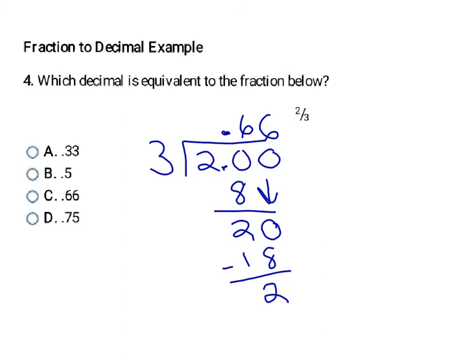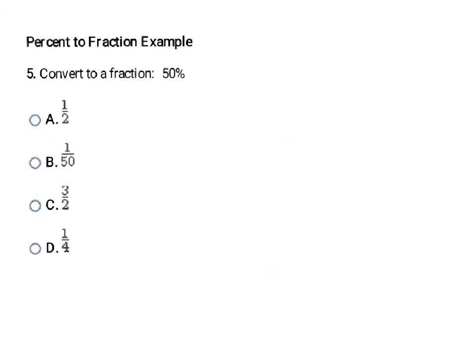And so I can see that there's a pattern occurring. So that probably means that I'm going to have 6s continuing on and on forever. And when I look at my answers, they only go out 2 decimal places, and so I have enough information to know that letter C, 0.66, is going to be my final answer.